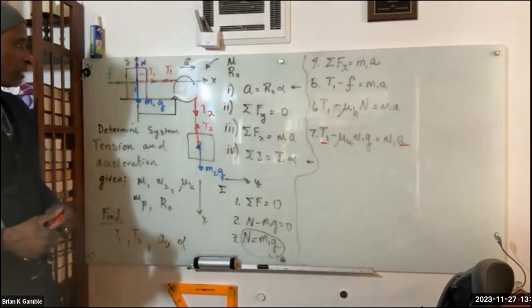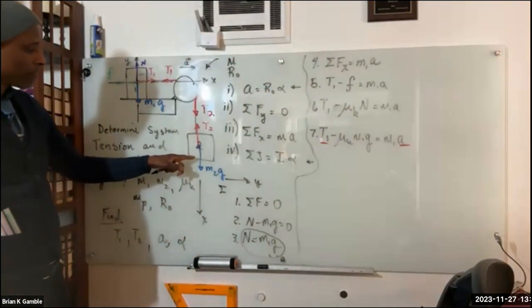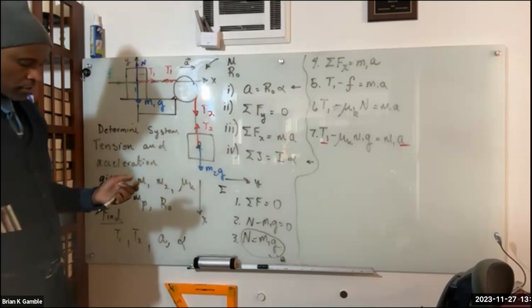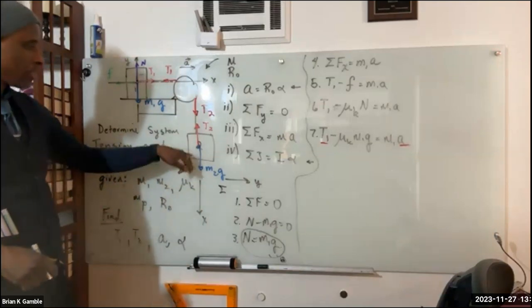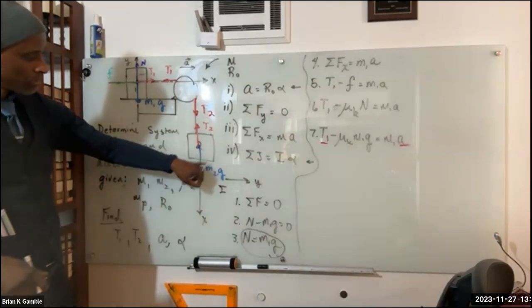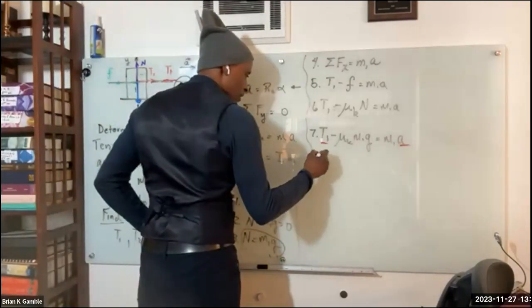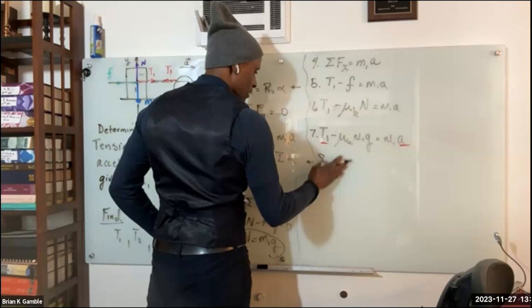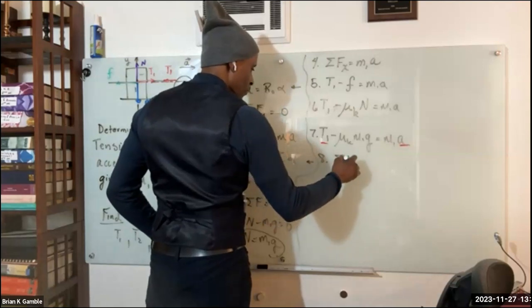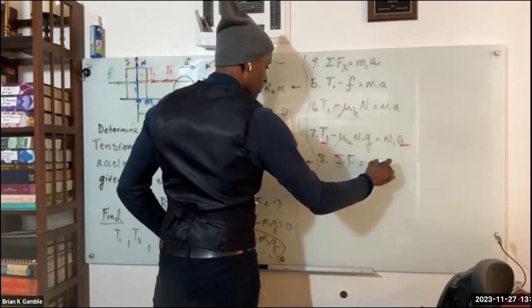Okay. Let's now go on to this guy, and we'll do the pulley last since that's new. But this guy, acceleration is down, m2g is greater than T2. So for this one, let's start with Newton's second law. Net force equals m2 times a.